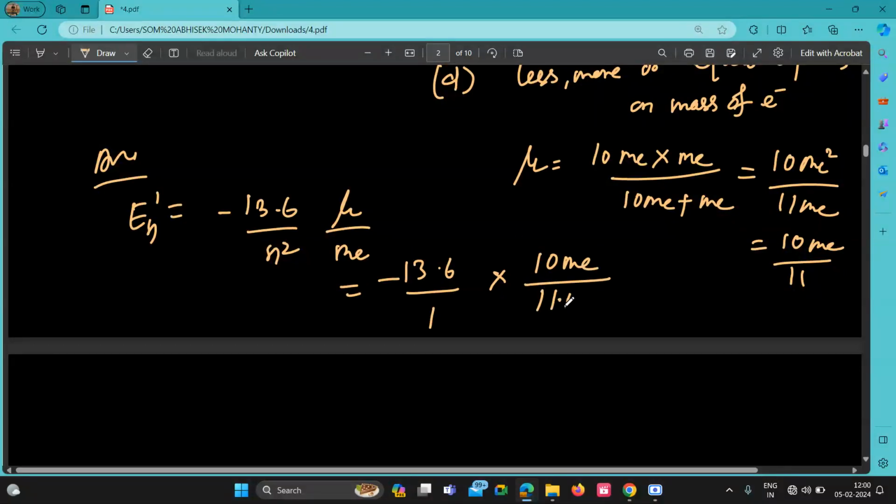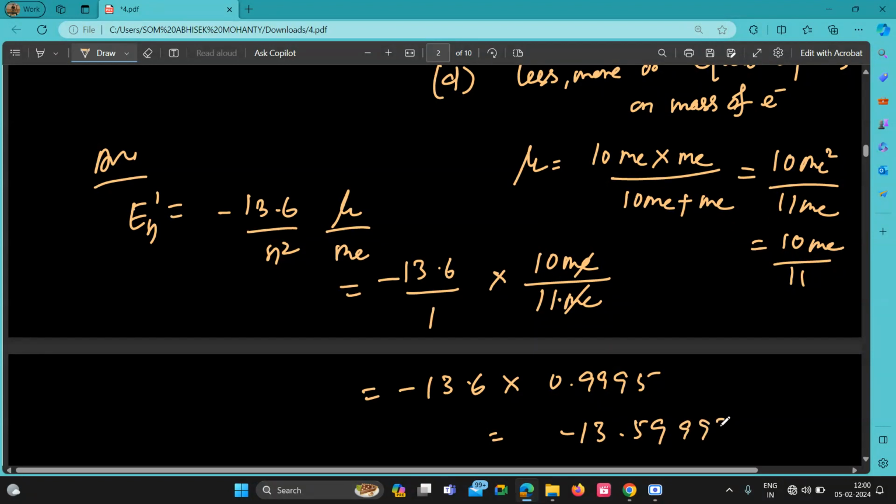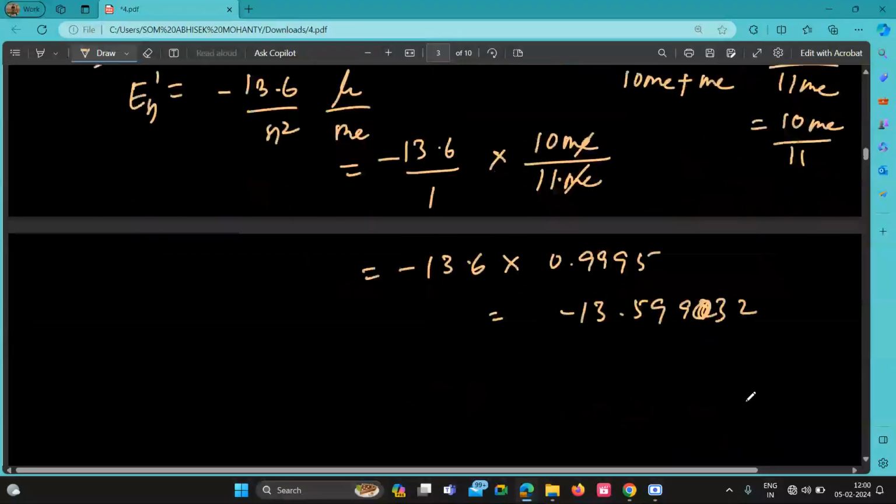Me cancels. So minus 13.6, 10 by 11 is how much? 0.9995. Okay, so if you put it here you will get minus 13.59932, something like that. So the ground state energy is what?